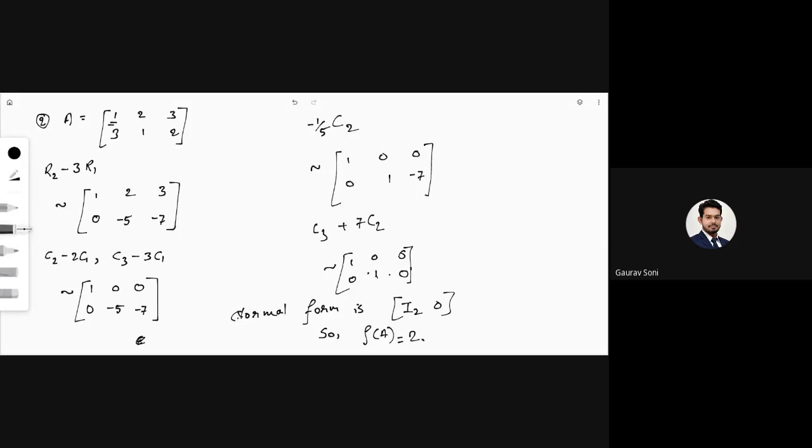So I hope the procedure is clear now. So I will give you 5 minutes, and in that 5 minutes you can solve that example. So example number 3, A is equal to 1 1 0, 0 0 0, 1 1, 1 2 1, 2 2 4.